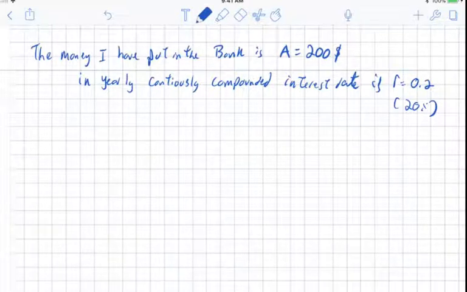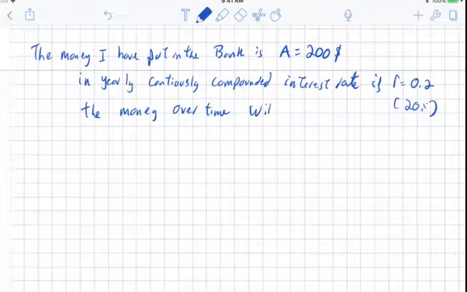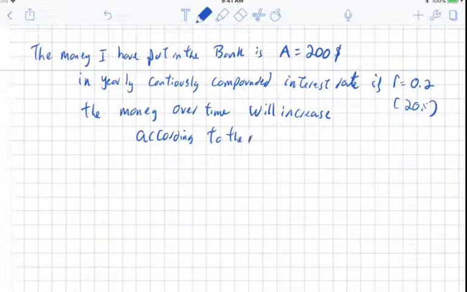So the money over time will increase according to the model y is equal to a e to the r x, where x is in years.